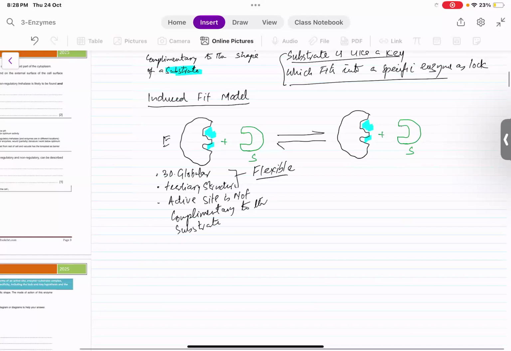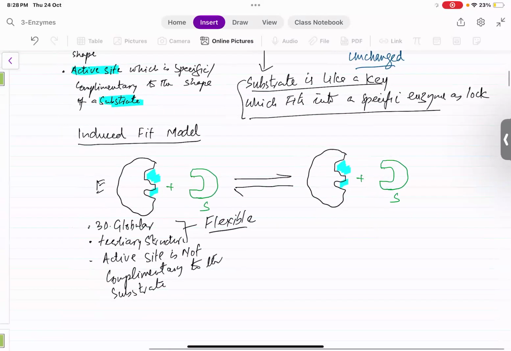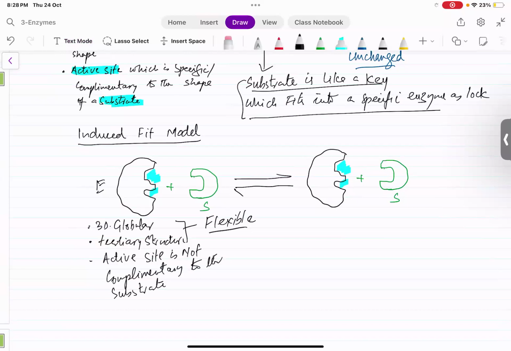So this is how this substrate binds with it. But still, you see, this shape is not complementary. So the substrate binds with the enzyme and this shape is not complementary to it. So the substrate binds with an enzyme.